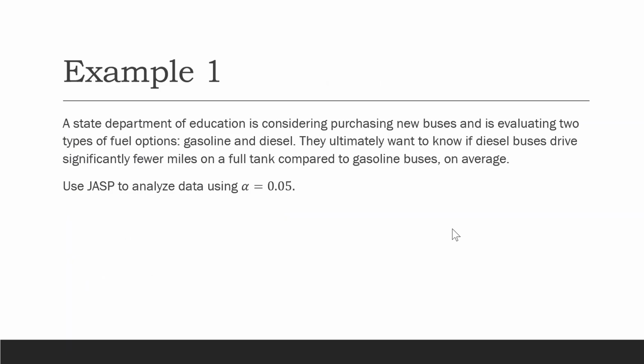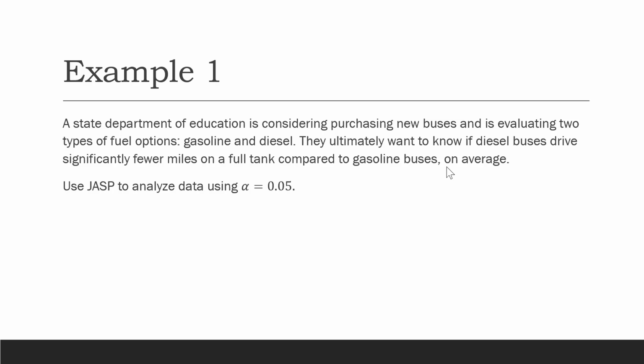All right. So it looks like we have two types of buses that we have data on: gasoline fueled buses and diesel fueled buses. And it looks like we've measured the number of miles that the buses can travel on one full tank. And we have this hypothesis here, right? So I'm going to start by stating my null and my alternative hypothesis.